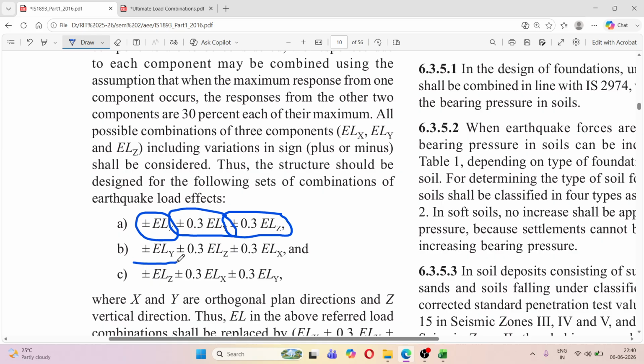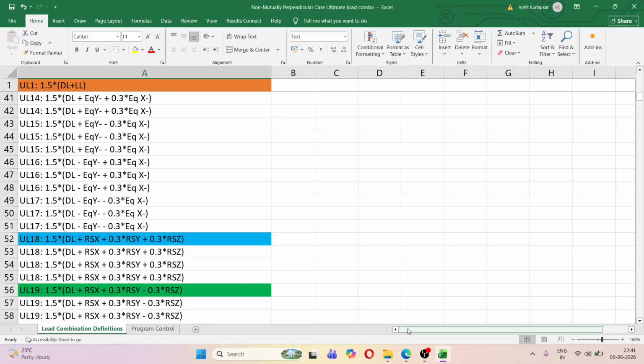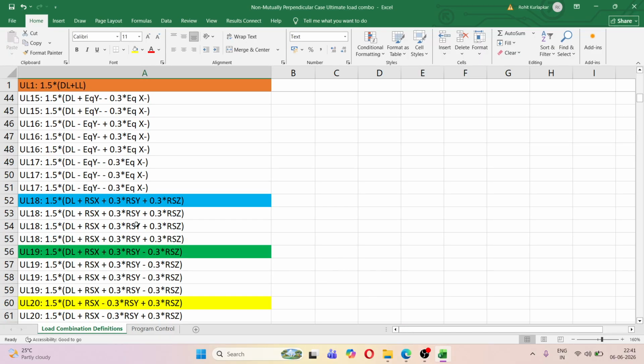Similarly, full earthquake in y direction with 0.3 z and 0.3 x, and every time there is a plus or minus. Similarly, full earthquake in z direction with 0.3 in x and 0.3 in y, again plus or minus. To explain this, I have created one case here. You can read case number 18.